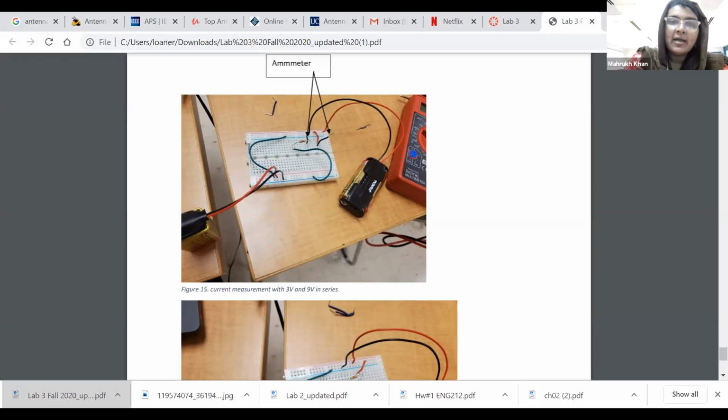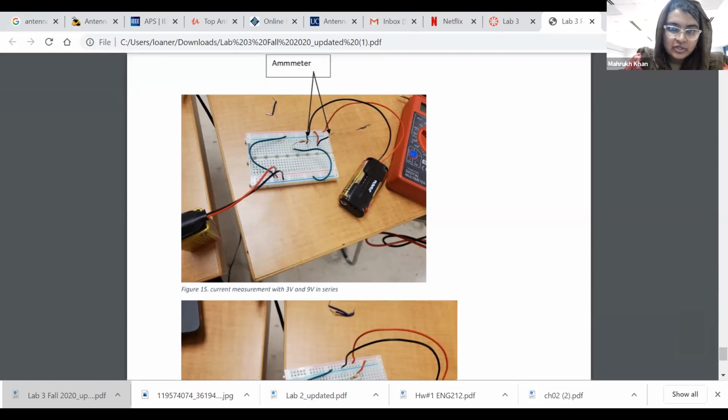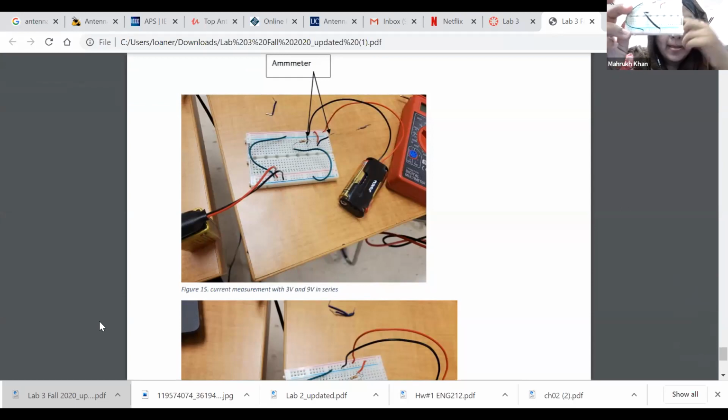Okay. One thing I want to tell you, I think some of you have this problem. I can just share it with you. Maybe it may help. If you see my wires, I do not strip them too much so that they are bare even if I put them in.